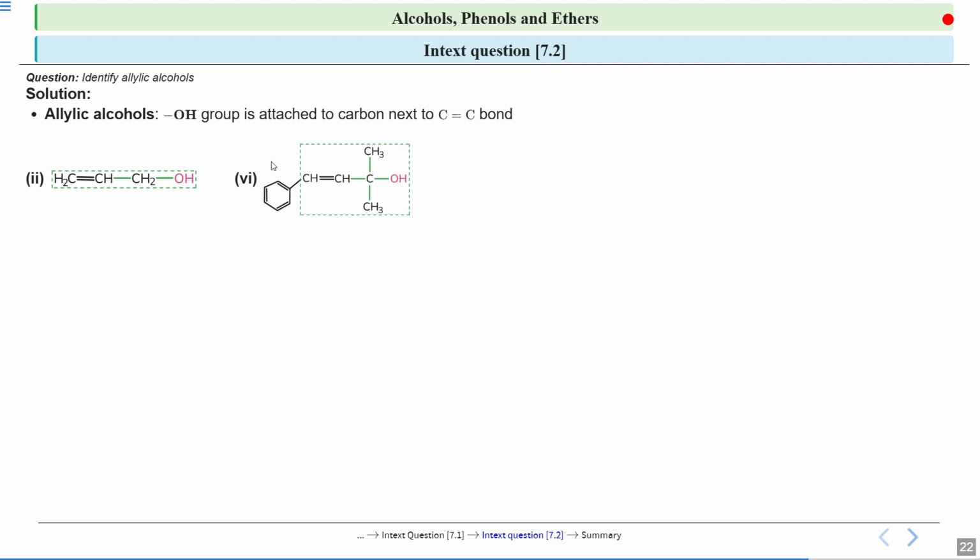Similarly, in part 6, we have a benzene ring attached to CH double bond CH, single bond C, CH3, CH3OH. Here also the hydroxyl group is attached to this sp3 carbon, and this carbon is bonded to the double bonded carbon, right? So this is also an allylic alcohol.